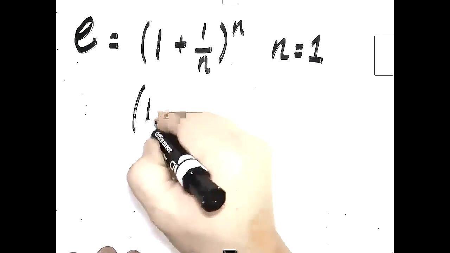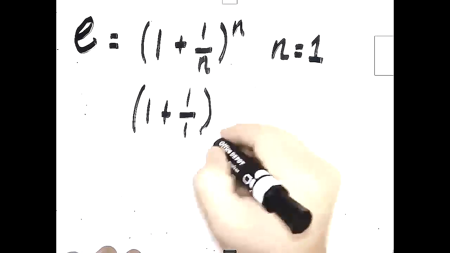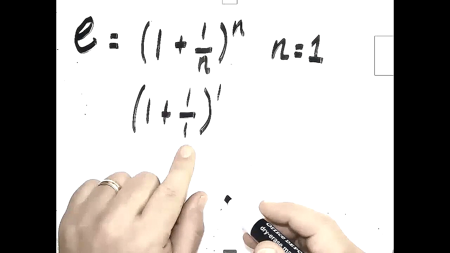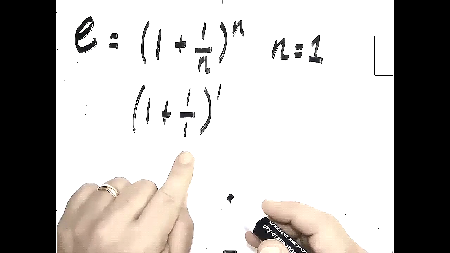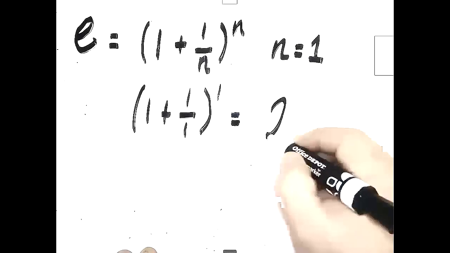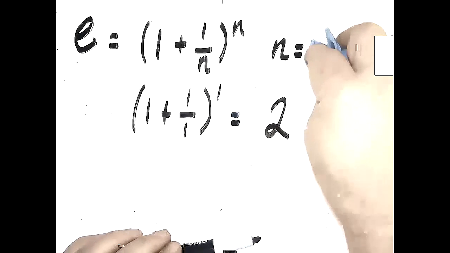Well, if we do that, this becomes 1 plus 1 over 1, raised to the 1. Now, 1 over 1 is just 1, and 1 plus 1 is 2, and 2 raised to the first power would just be 2. Pretty straightforward.